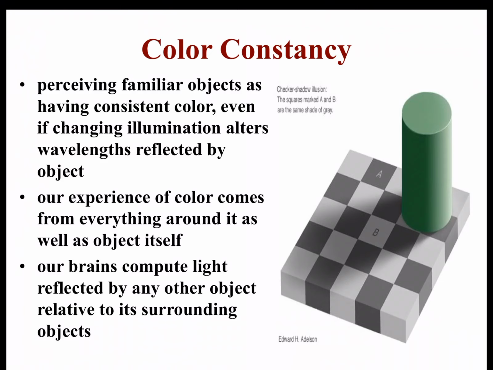And so our brain is going to kind of ignore some of the sensory signals that are coming from our eye in order to help us understand the world and keep some sense of consistency. And so it's built off of our previous experiences about how the world works so that we won't get confused by that A, B square problem. If you don't believe me, print off this slide and you can cut those squares out, but I promise you those two squares are the exact same color.